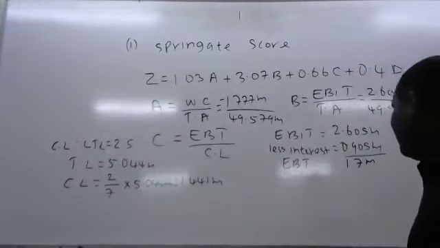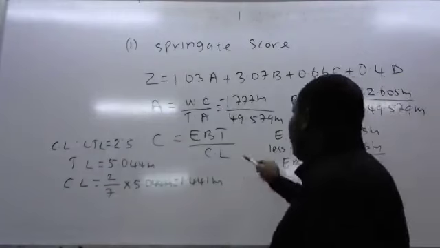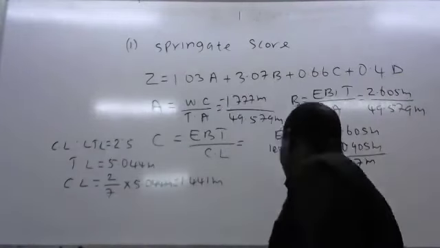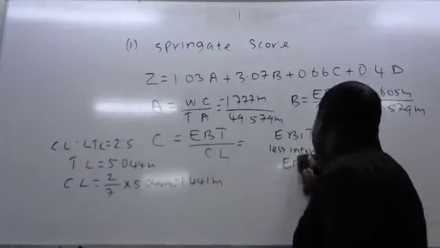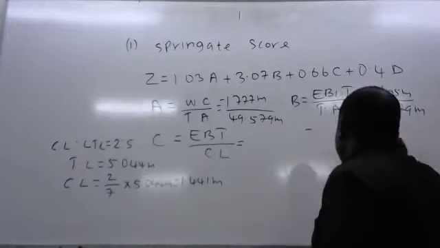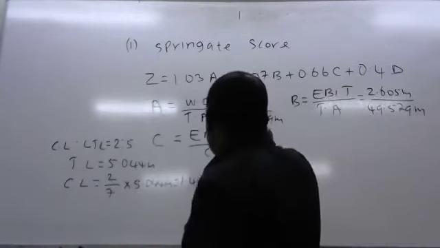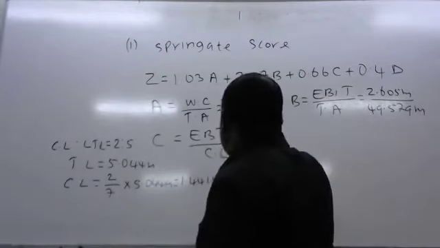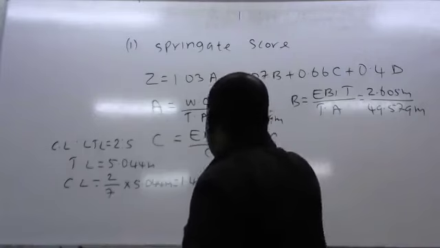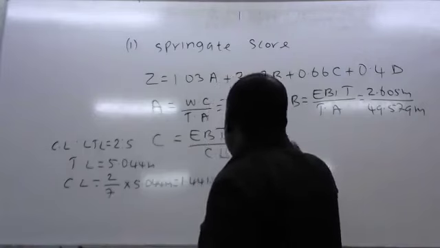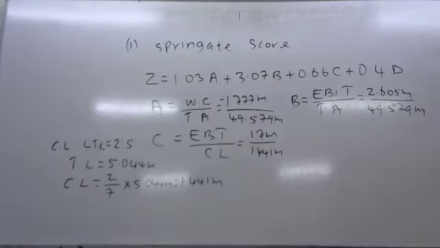Once you have done that, you come to this point, and we can now get our value for C. The value for C will be 1.7 million divided by 1.441 million. So that's now the value for C.